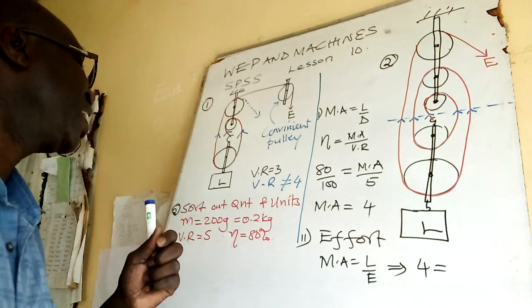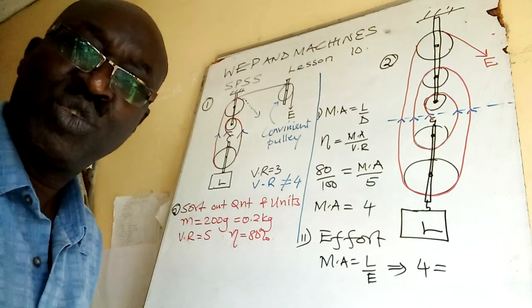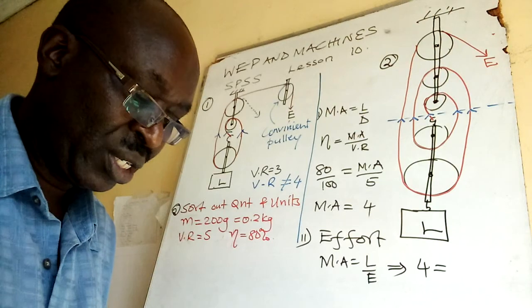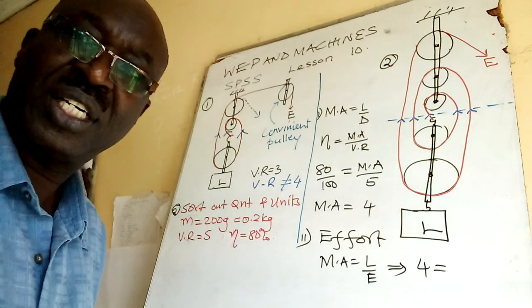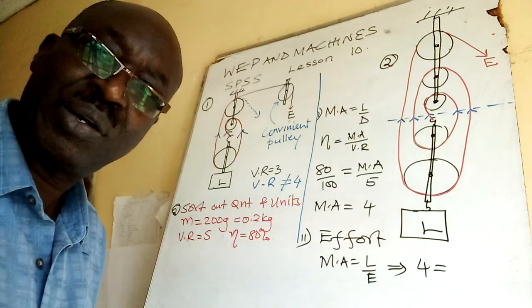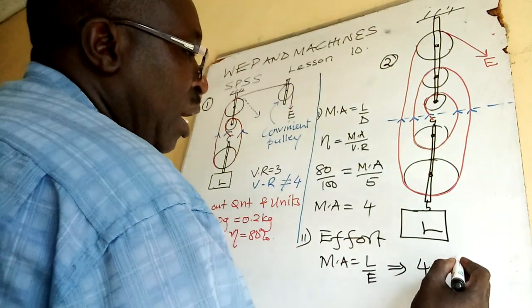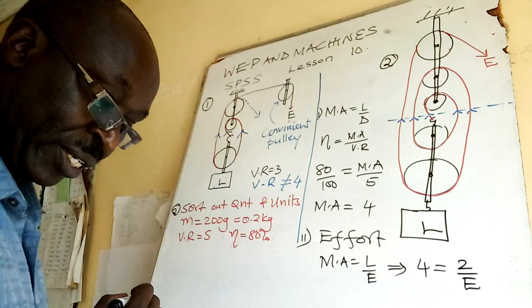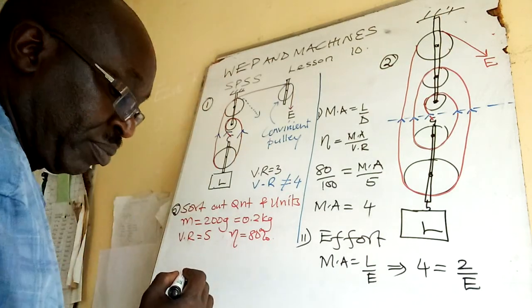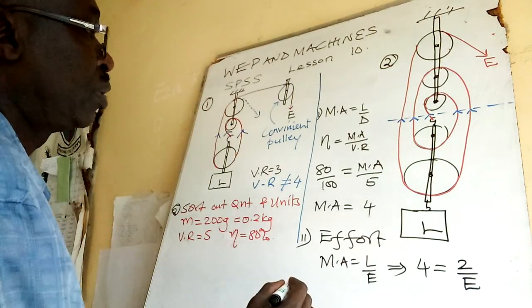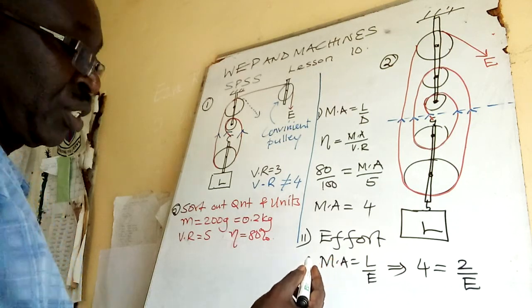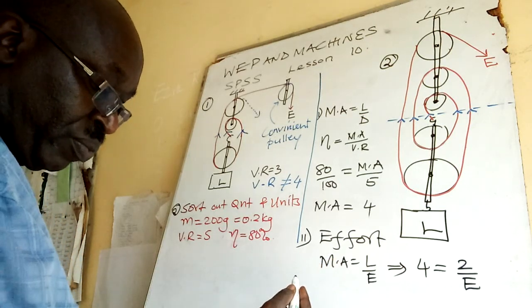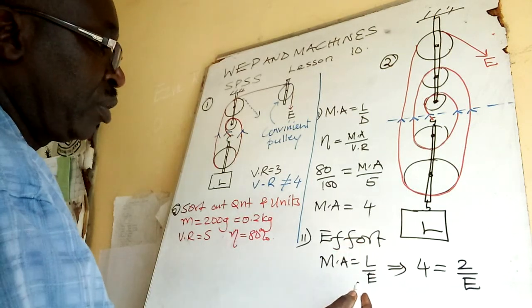So 200 grams. How do you convert 200 grams to newtons? It is as simple as dividing by 100. So I have 2 over E, and then what do I get? Mechanical advantage is 4, so I have 4 equals load over effort.